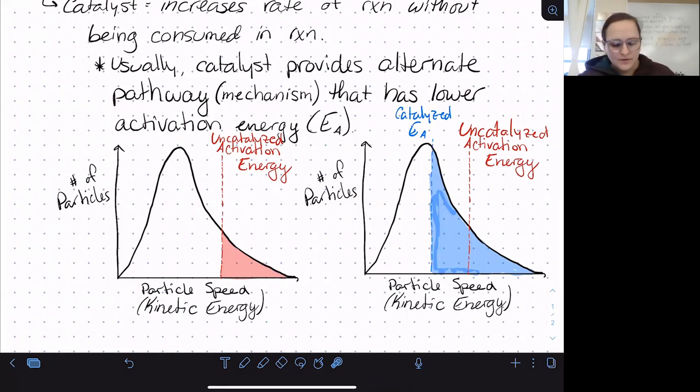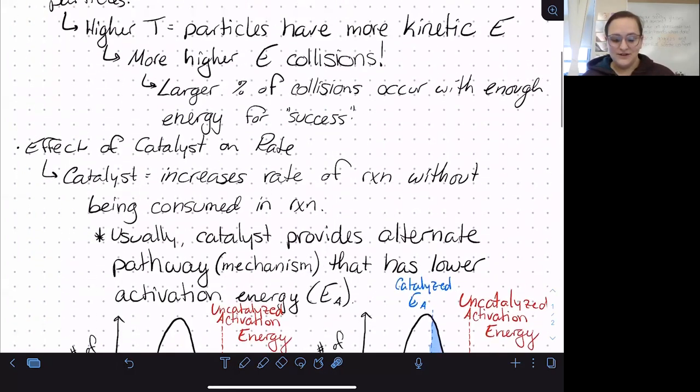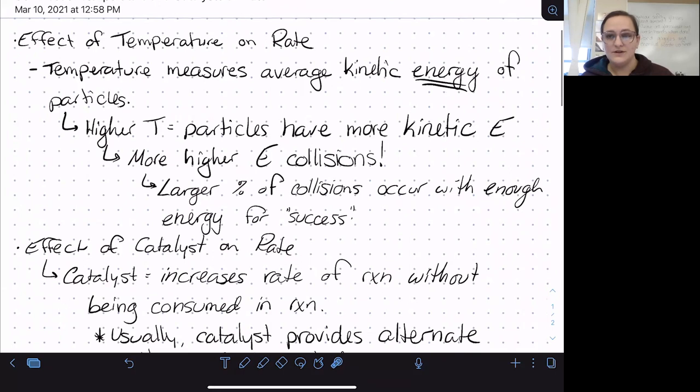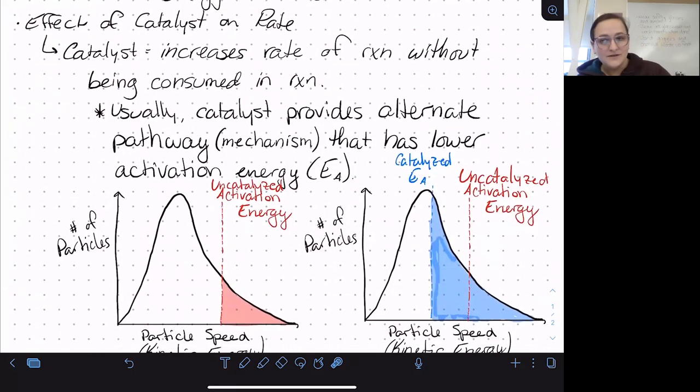So it's important to recognize not just what makes a reaction faster or slower, but why in terms of the collisions. Is something creating more total collisions? Is it increasing the energy of the collisions, like temperature, which increases the success rate? Or is it lowering the energy required, like a catalyst, and increasing the success rate that way?